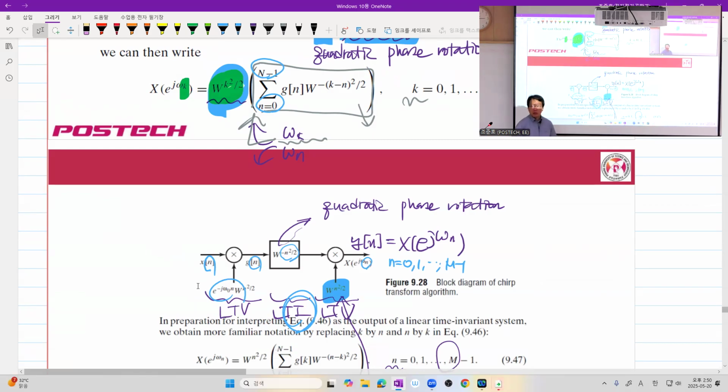Now, you may still ask why these two algorithms, almost the same except for the magnitude, are called chirp transform. And the reason is because of this signal.